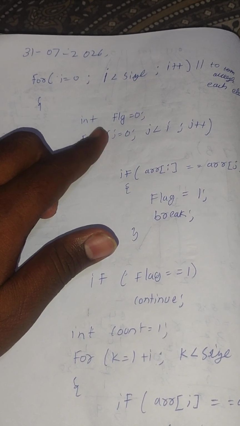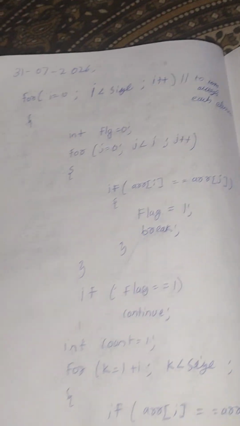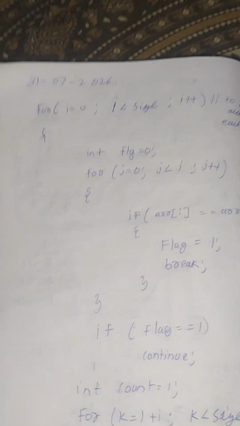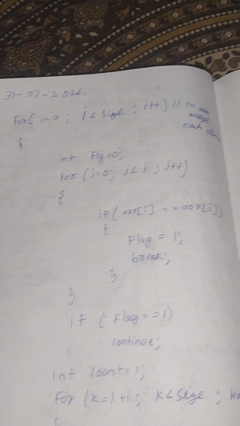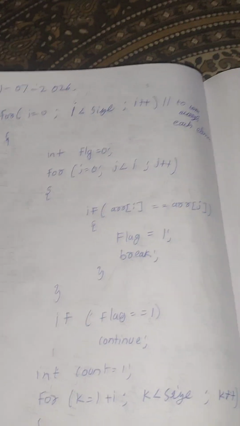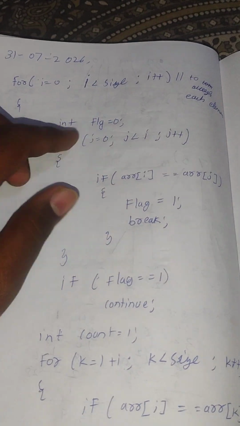This flag value is going to check whether the number is repeated or not. So initially it's going to be 0.